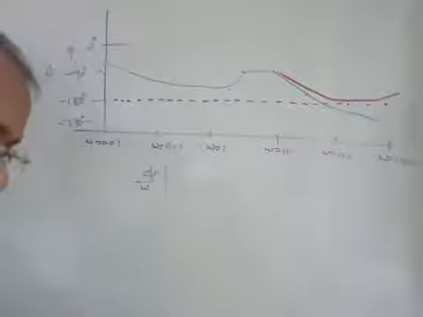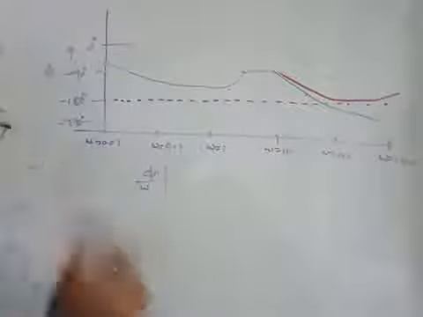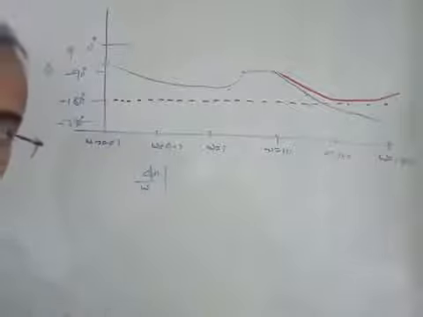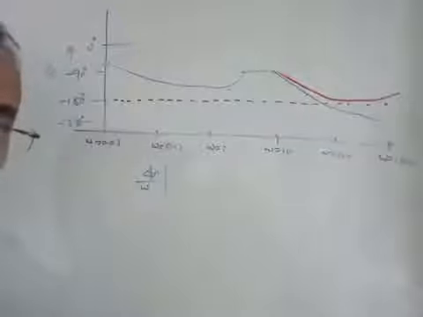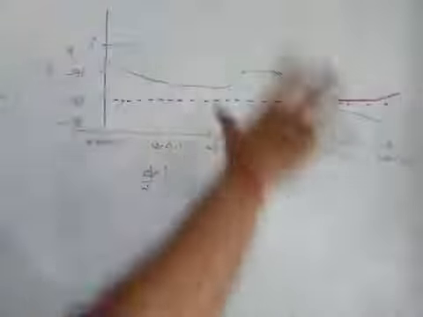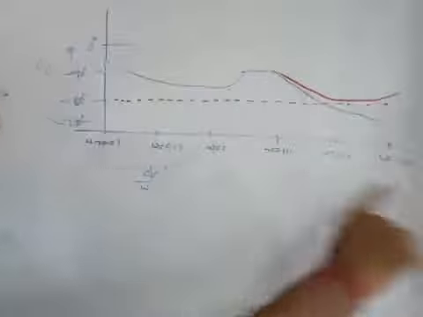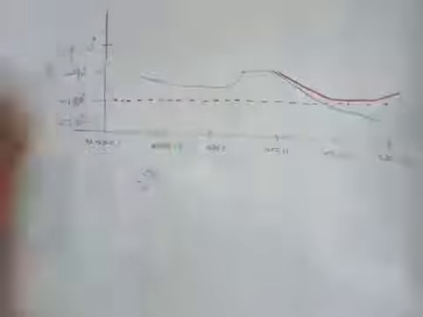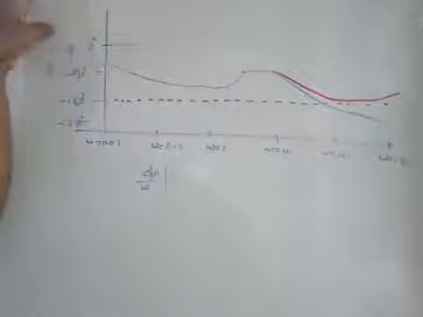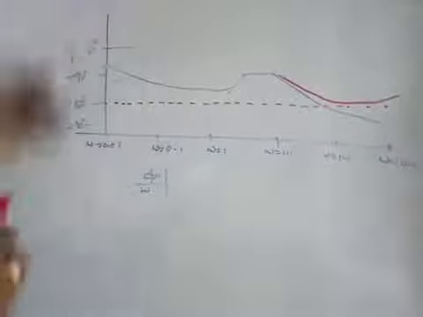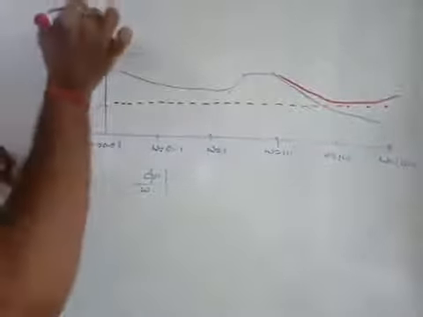So the zeros along with the first order factors I have discussed. Now I will consider a type 1 system with a second order factor, and we will try to find out the phase corresponding to it. This procedure will remain the same. In this semilog graph paper, this is your omega axis, the frequency axis, and above this phase line there will be your gain, that is in dB, your magnitude.